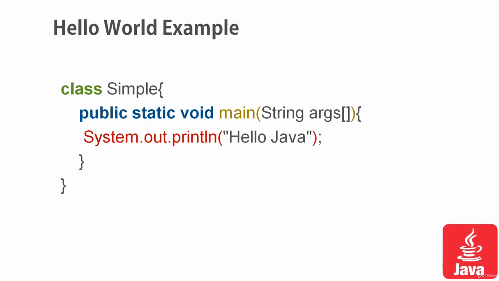A class name, a class syntax: we need to define everything in a class. When we are writing any program in the Java environment, we need to define a class, and the function which is understood by the compiler is the main function.